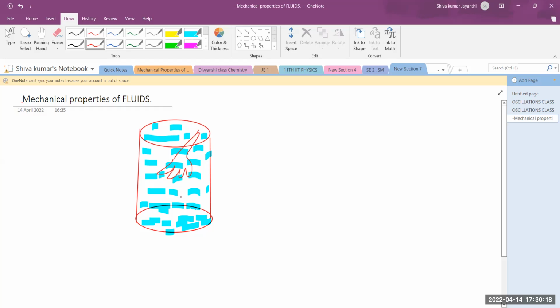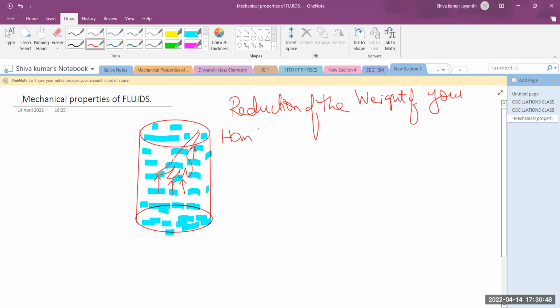So that push that your hand is experiencing is because of this. Water is pushing your hand outside. That push that you are experiencing, or the reduction of the weight of your hand, you feel this in everyday observation.